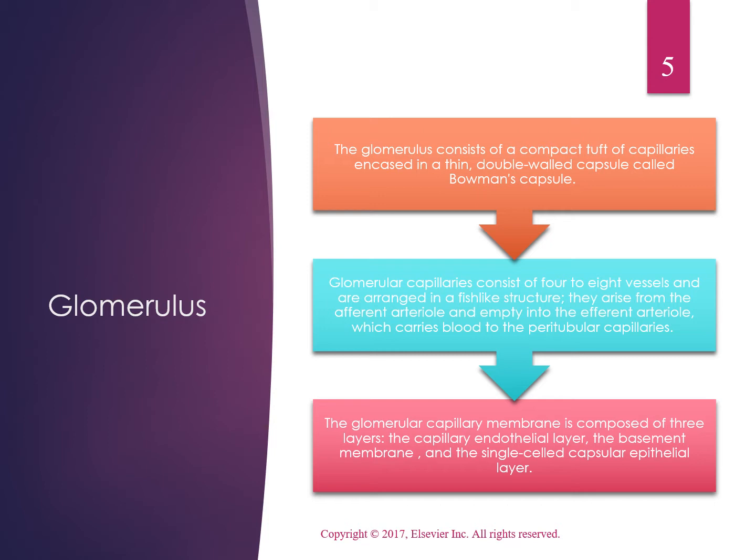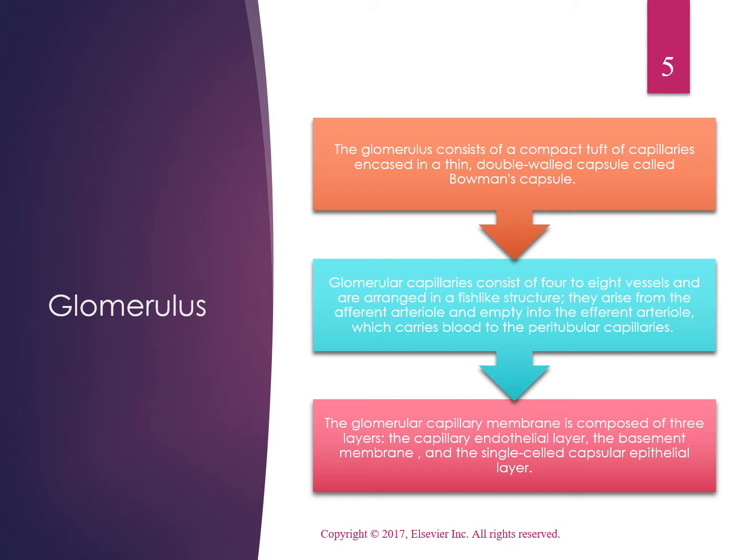So when we're talking about the glomerulus, it's made up of different layers, and like I was saying before, it consists of compact tufts of capillaries that encase the thin double-walled capsule, which we call Bowman's capsule.